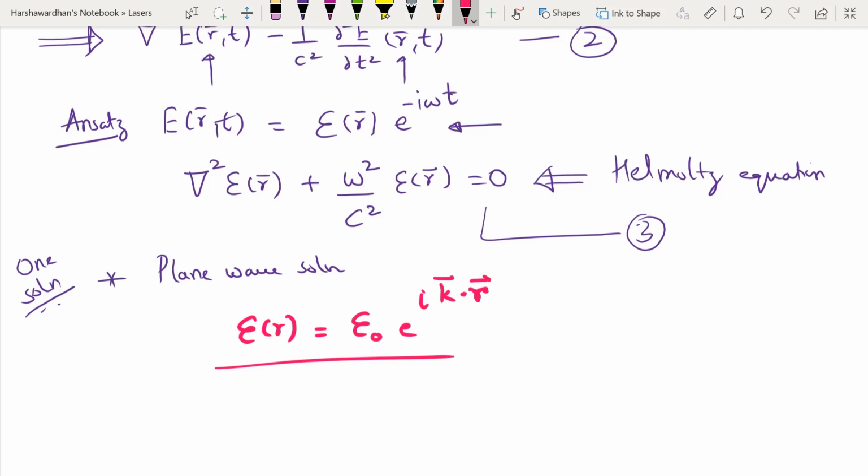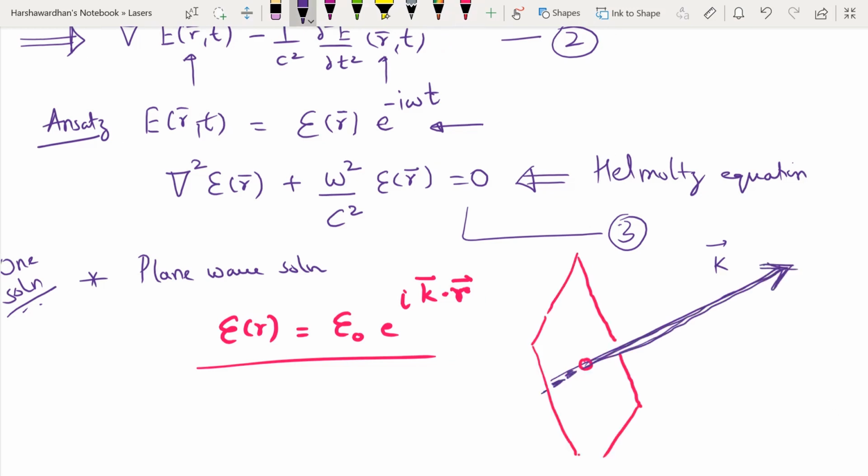Let me quickly draw. For example, if this is my k vector, which is the propagation vector, then I can draw a plane.